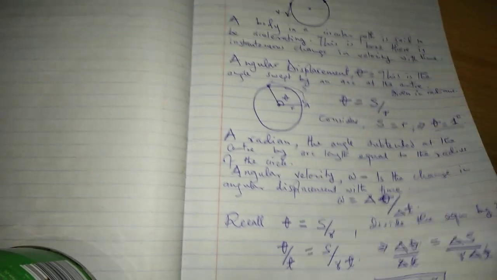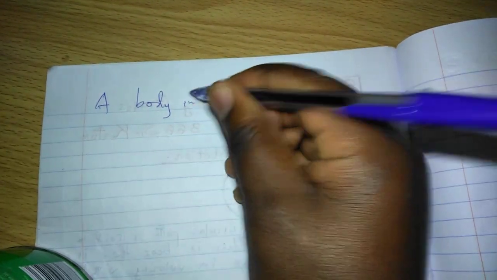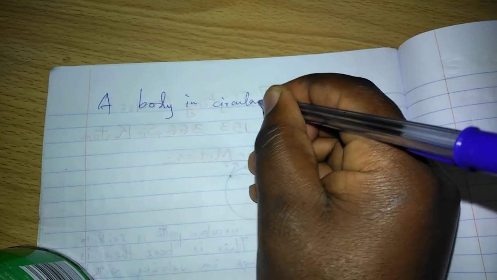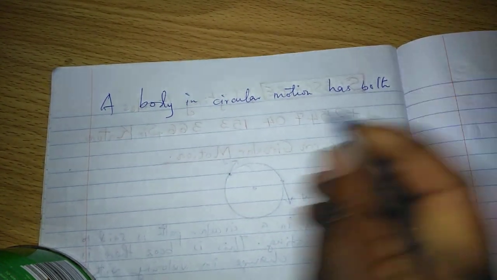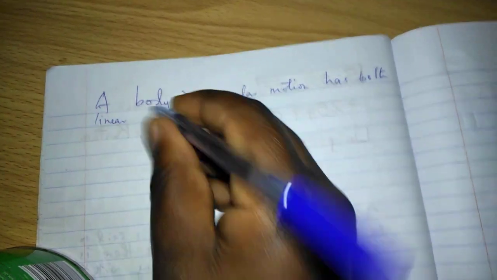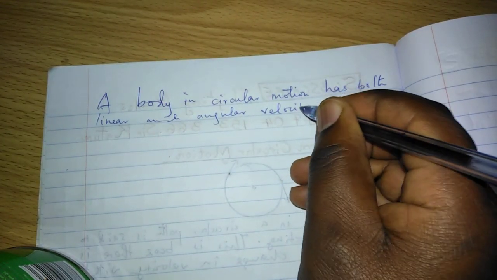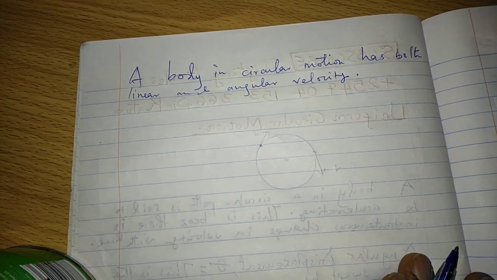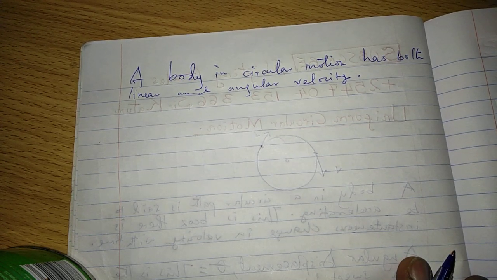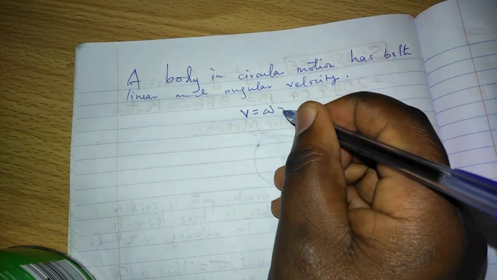In other words, a body in circular motion has both linear and angular velocity, in the relationship v equals omega times r.